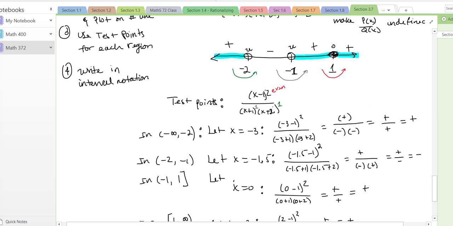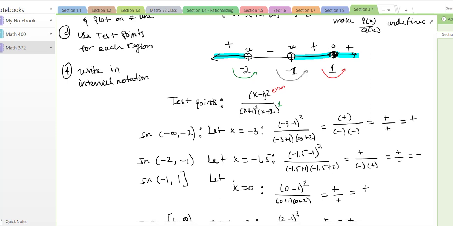Is it an odd power or is it an even power? As you go across a zero, where did negative 2 come from? It came from this factor with an odd power, so the sign is going to change. You go across 1 here, where did 1 come from? Positive 1 came from the x minus 1 factor, which is to an even power, so the sign stays the same, so it doesn't change.